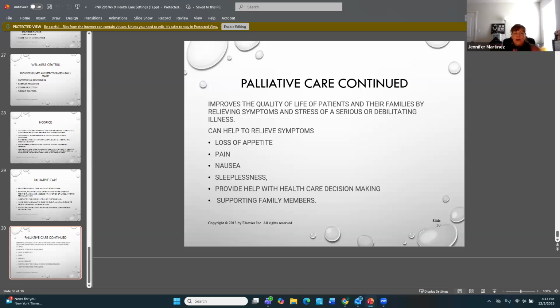So again, with hospice, we're not really providing life-saving treatments. With palliative care, there are usually some life-saving treatments that may still be offered. So it's a little bit different.